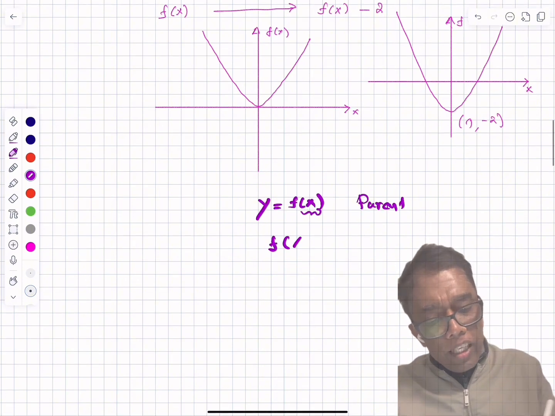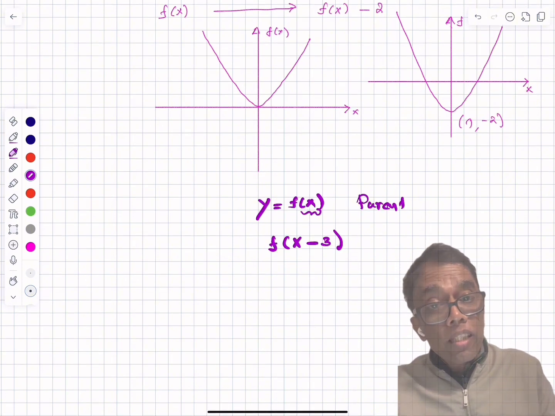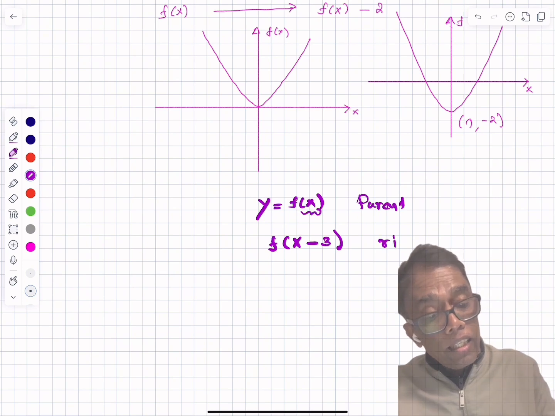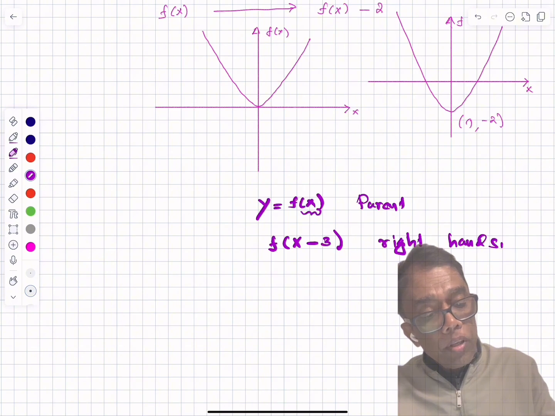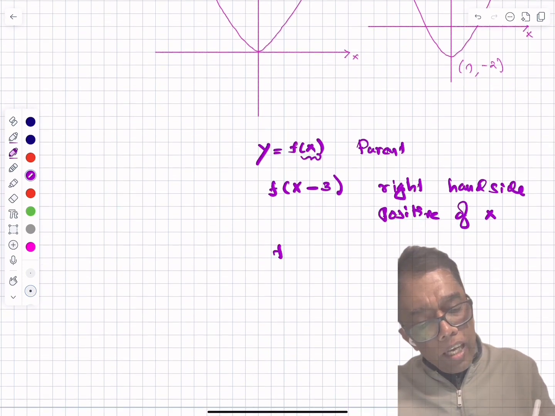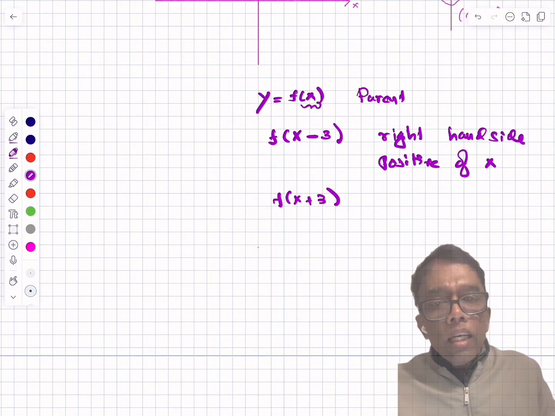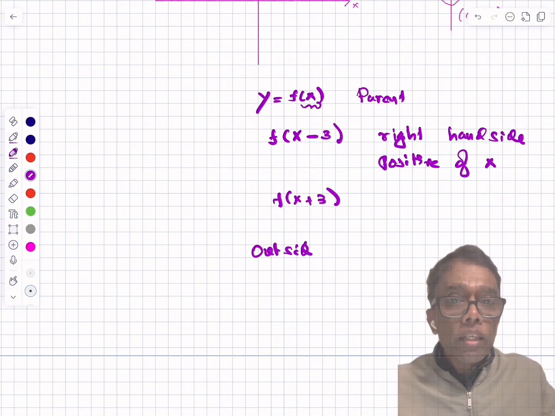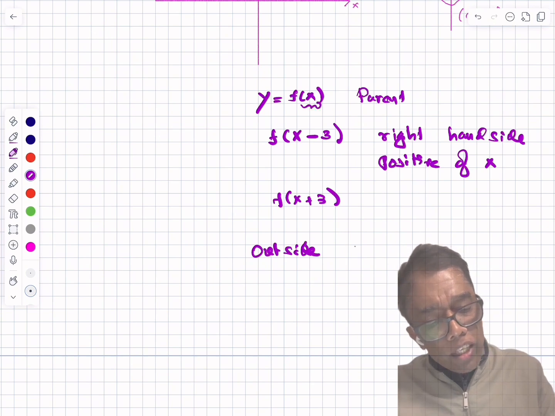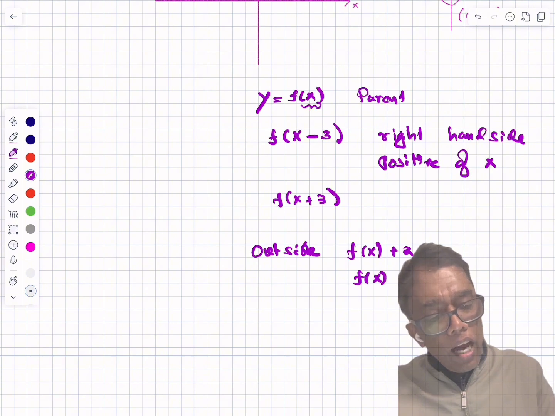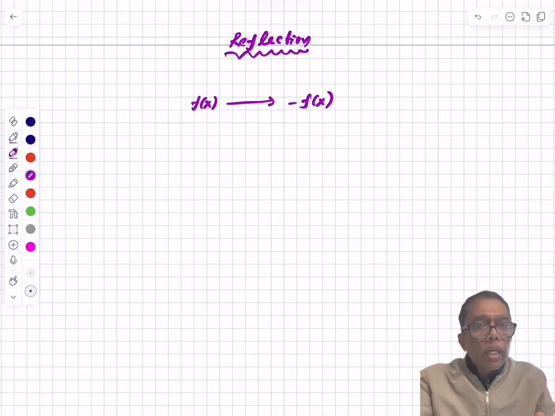That means if it is x − 2 or x − 3, it is the right-hand side or positive direction of x. If it is x + 3, the left-hand or negative direction of the x. If we consider outside addition or subtraction, that means f(x) + 2 or f(x) − 2, these are vertical translations.